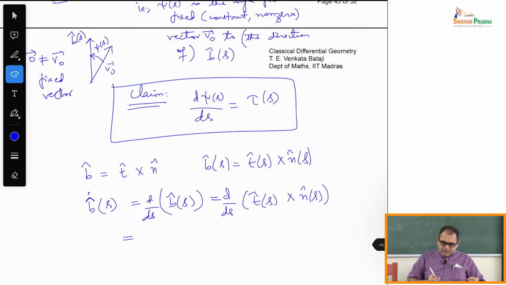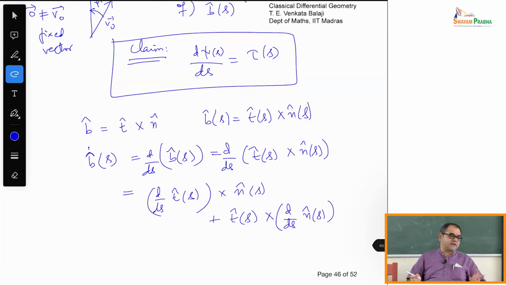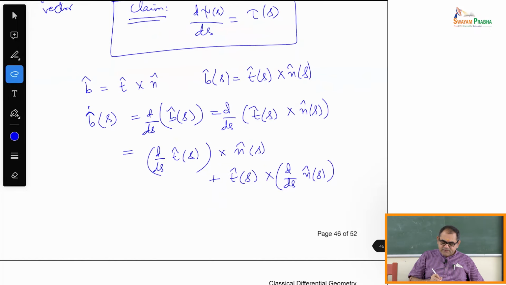This is d by ds of t hat of s cross n hat of s, plus t hat of s cross d by ds of n hat of s. If you want, you can write it in vectors and check this. A cross product of two vectors is given by a matrix. So this is t hat dot s cross n hat s plus t hat s cross n hat dot s.